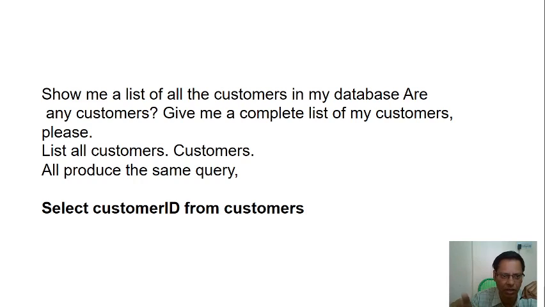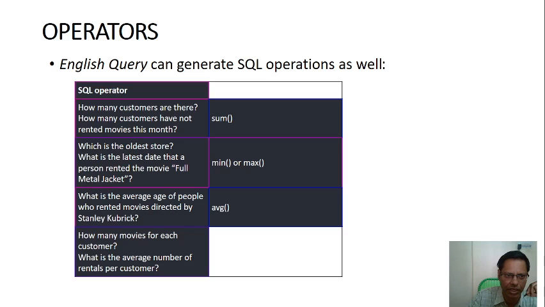Give me a complete list of my customers, please, is a request, and list all customers is also one sentence, and all produce the same query. Based on the query we can get the related information.